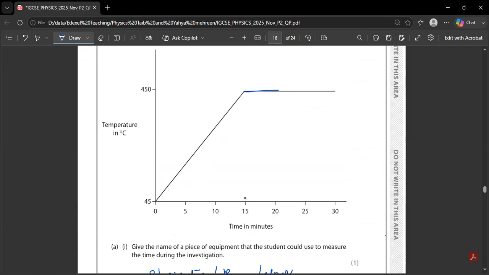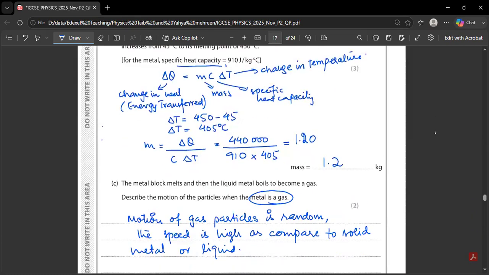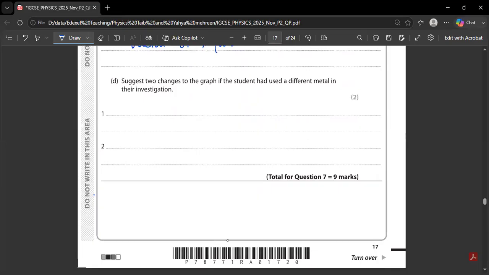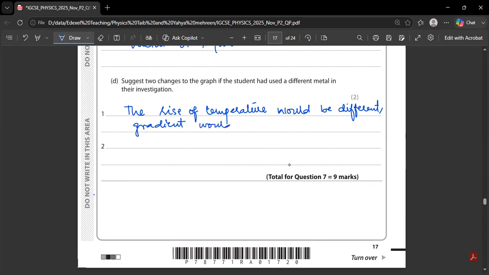And the third we can say is the melting point, which would also be different, right?